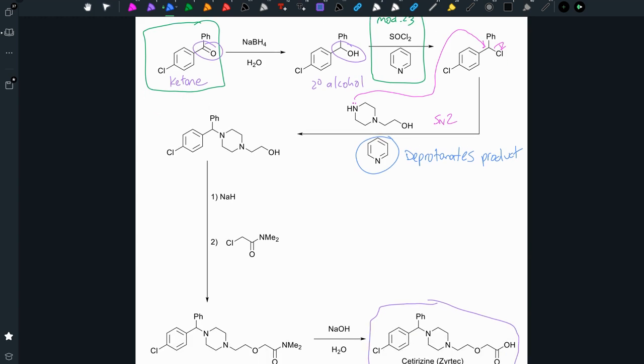You might recognize NaH as a base that's going to deprotonate our alcohol. To make life easy, I'm going to abbreviate the rest of this molecule as R. So when I deprotonate, I will have R with now an alkoxide at the end of this chain.